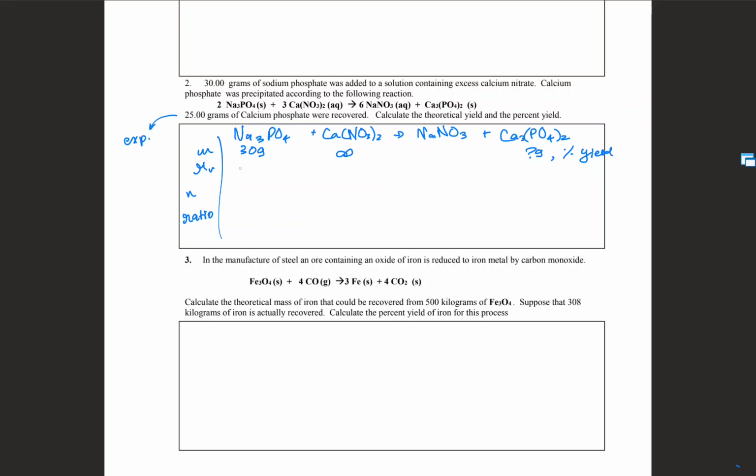So we're going to plug in the molar mass as before, by adding up the elements in each compound. For sodium phosphate, it's 163.95, and for calcium phosphate, it's 310.18. To find the moles of sodium phosphate, we divide, as in the triangle.